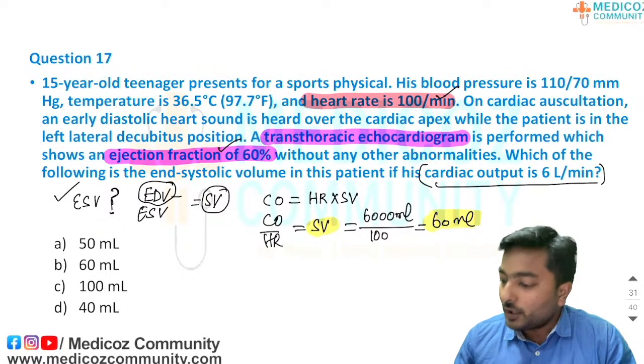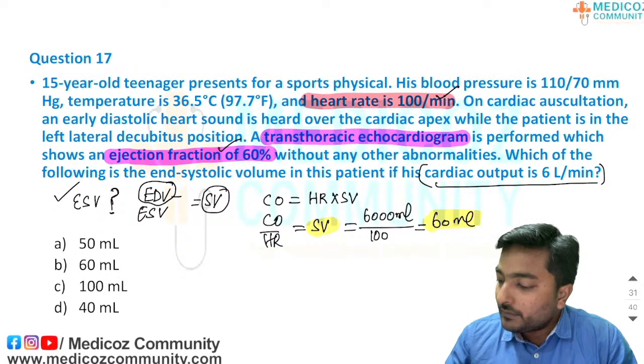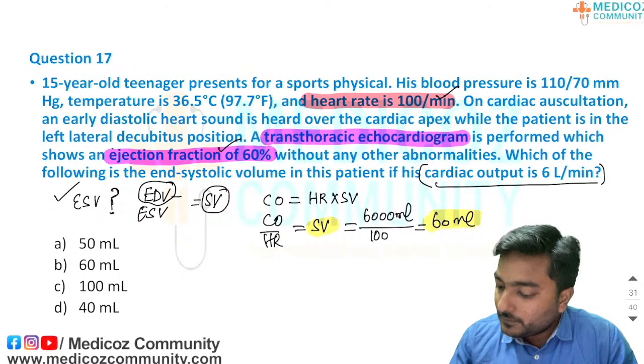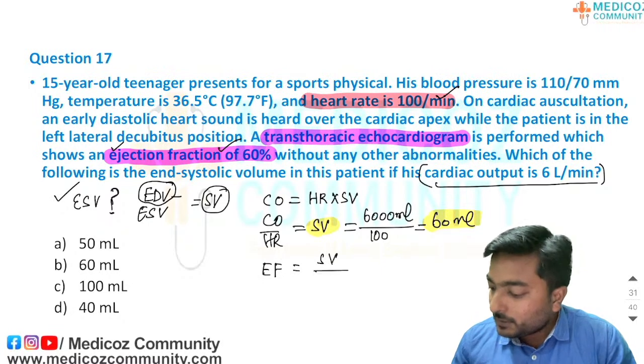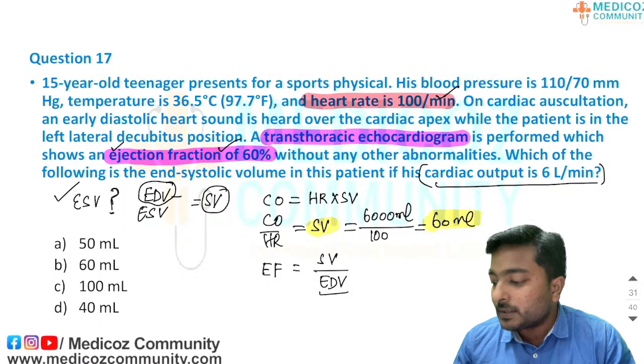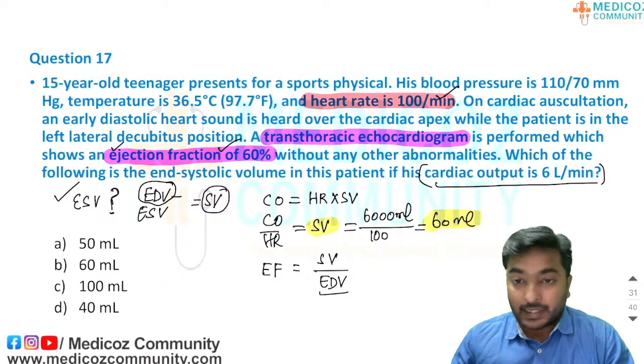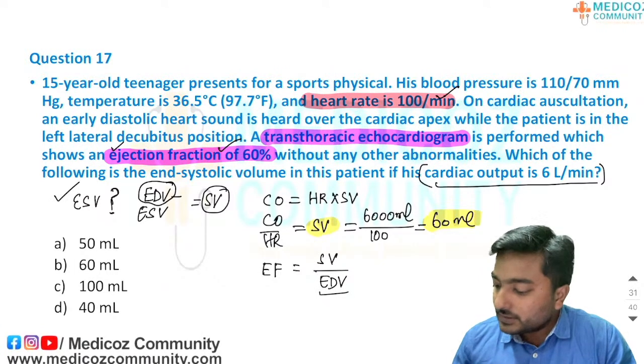your stroke volume. Now we have to find the end diastolic volume. How can we find it? With the help of ejection fraction. The ejection fraction formula is stroke volume divided by end diastolic volume. From the end diastolic volume, how much stroke volume is ejected out by the ventricles, right? So this is the ejection fraction.